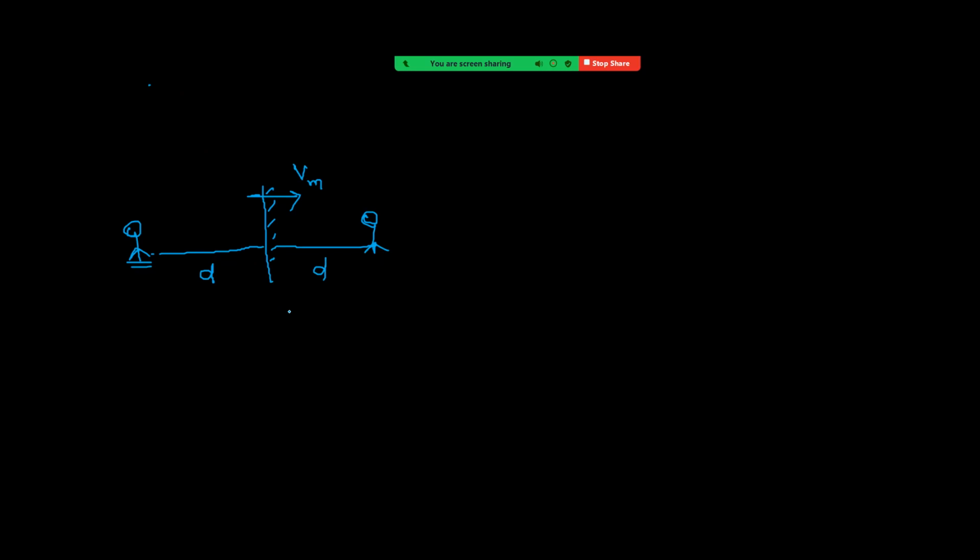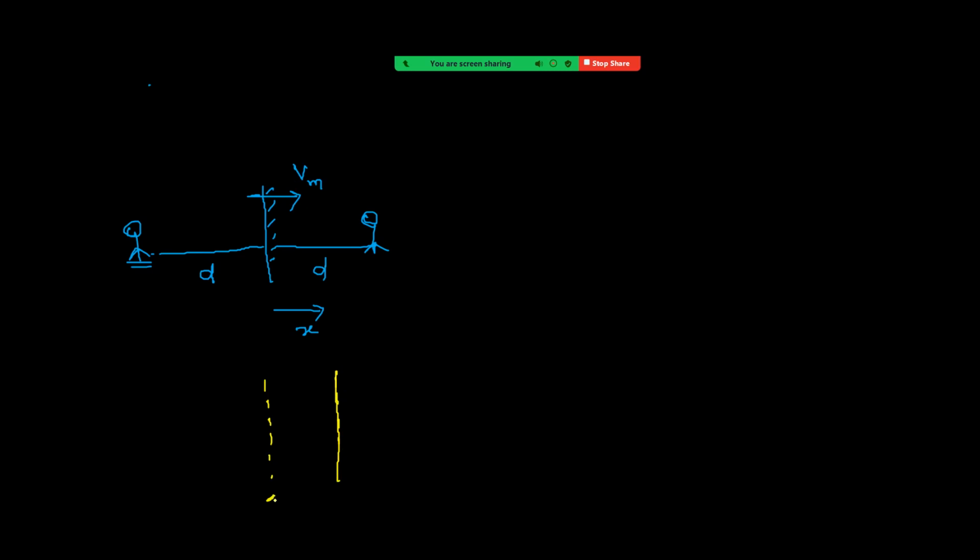Suppose the mirror moves by distance x. Then see the distance of the object from the final position of the mirror. This was the initial position. Now it has moved by a distance x. This is now the present position of the mirror.